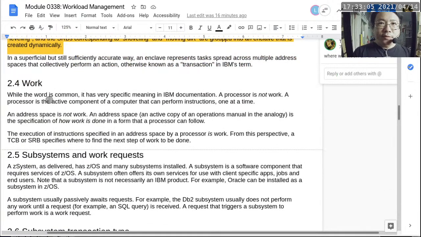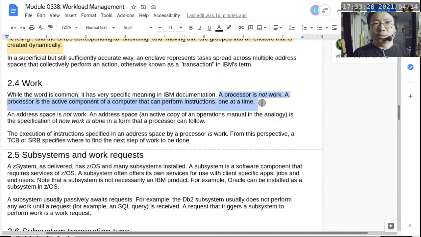So now we have section 2.4. Section 2.4 explains a very common word: work. Even though the word itself is very common, in IBM documentation it has a very specific meaning. I'm going to go through the paragraphs one by one. A processor is not work.